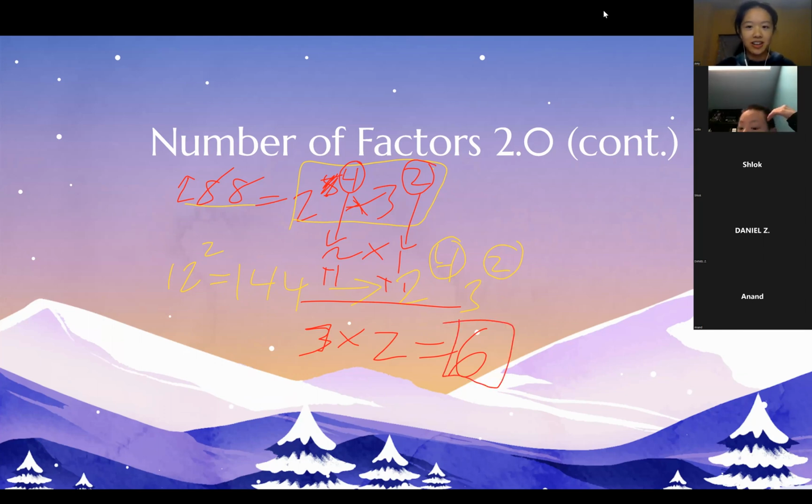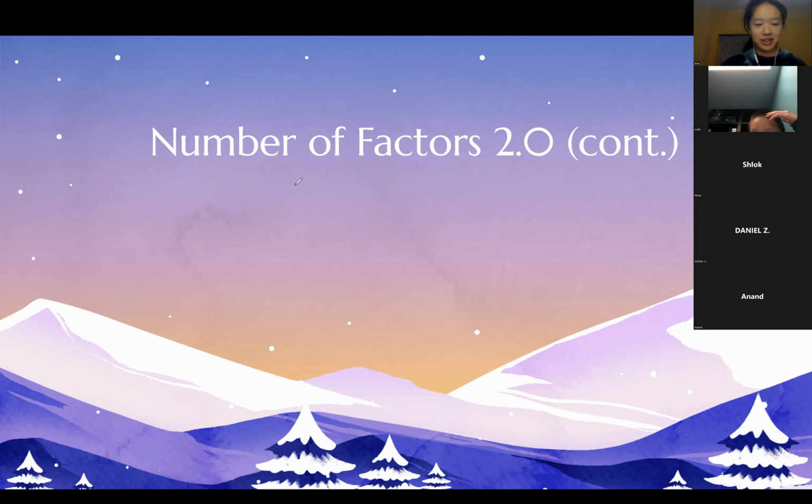I'll do it one more time because that was a little bit confusing. 288 equals 2 to the 5th times 3 squared. Let me just confirm that. Okay, good. Since the 5 here is odd, we take it and subtract 1 to turn it into 4.